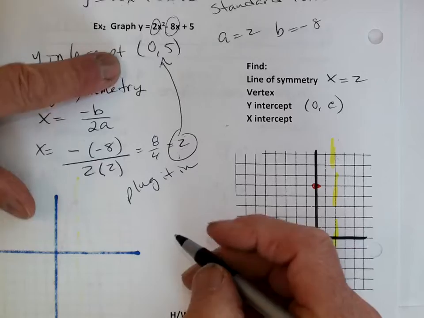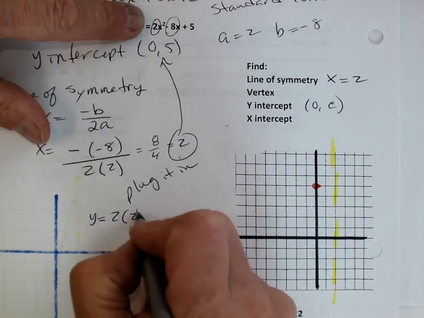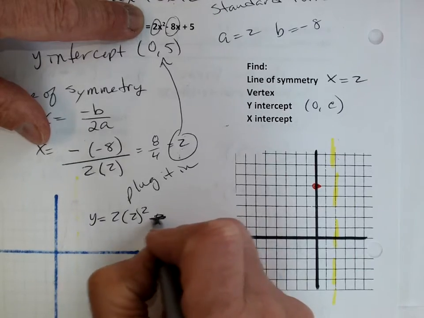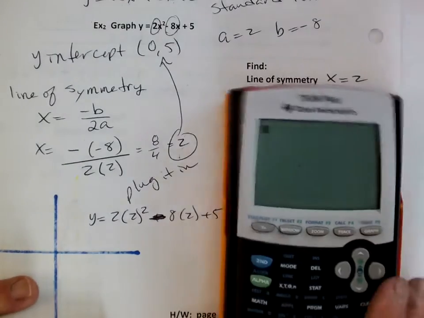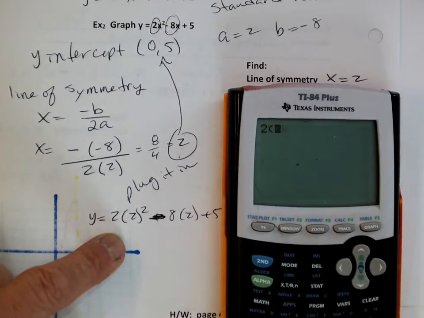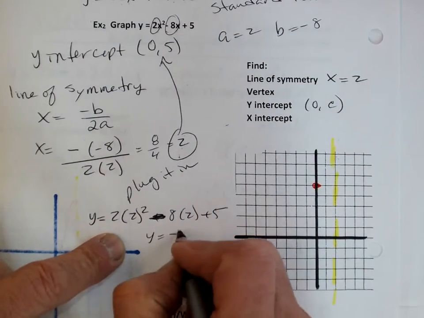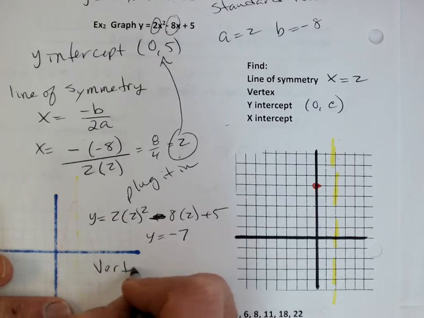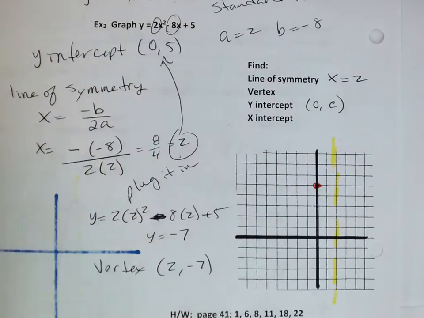So I'll take y equals 2 times 2 squared minus 8 times 2 plus 5. 2 times 2 squared minus 8 times 2 plus 5, and I get an answer of negative 7, okay? So my vertex is at (2, negative 7).